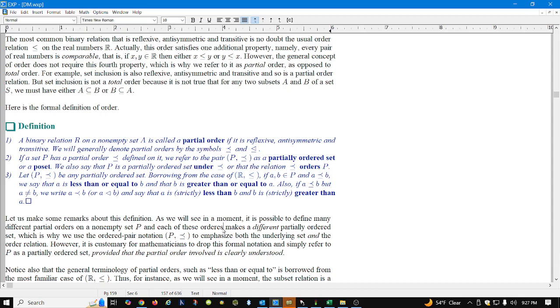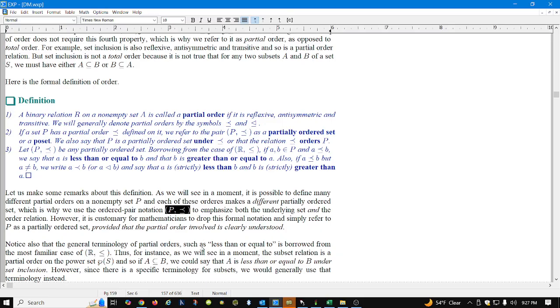Same underlying set, but different relation will be a different partial order. So it is customary to include the symbol that represents the order, and therefore use an ordered pair to emphasize both the underlying set and the order relation.